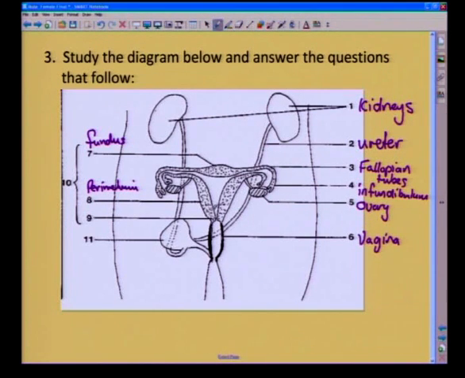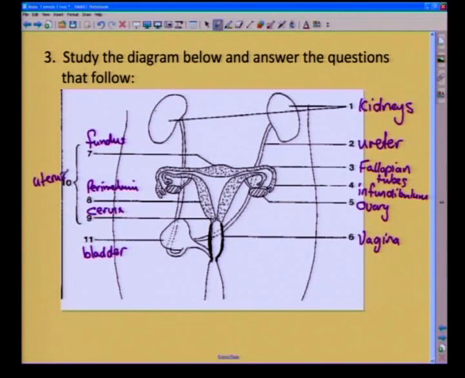It's the outside of the uterus. 9, cervix. 10 is the bladder. 11 is the bladder. 10, well, it's grouping all of these together, so that would be the uterus.